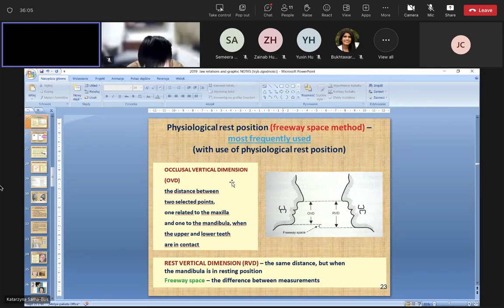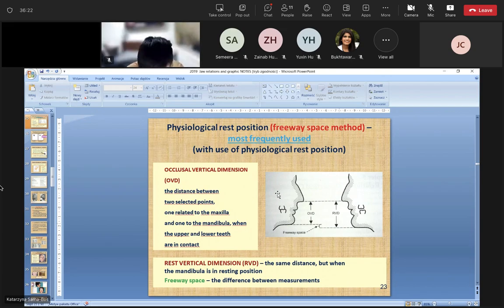See, the teeth are in contact, and when we measure the dimension between one point related to the maxilla and the second point related to the mandible, this dimension shows us the OVD, occlusal vertical dimension.